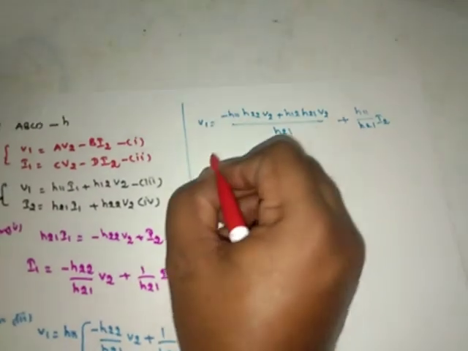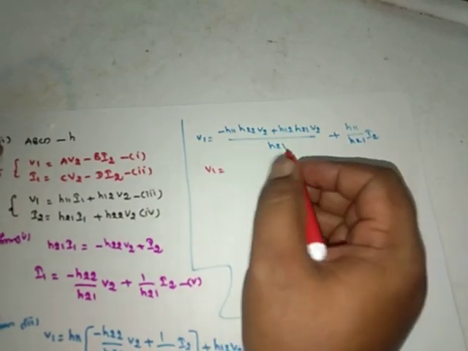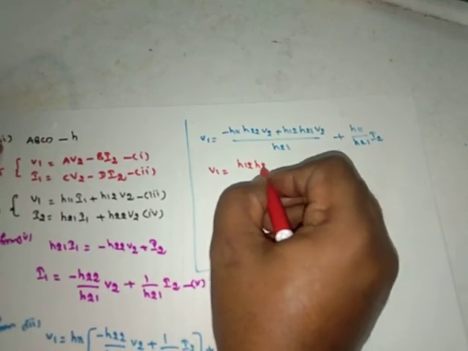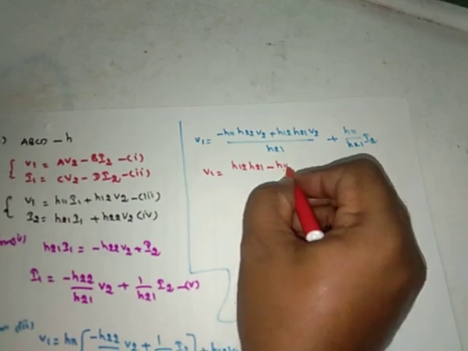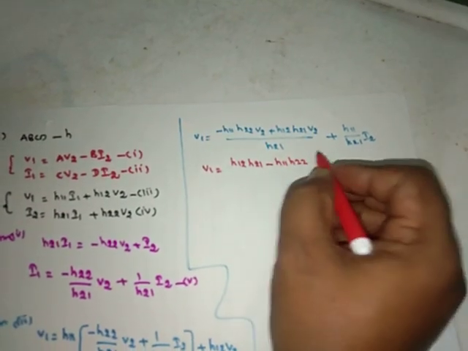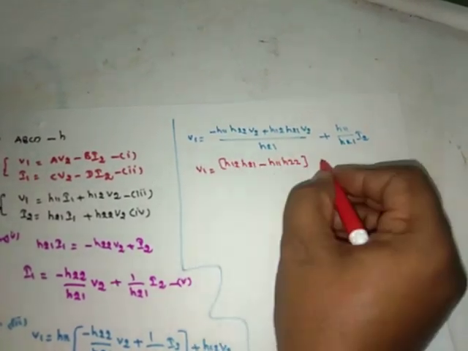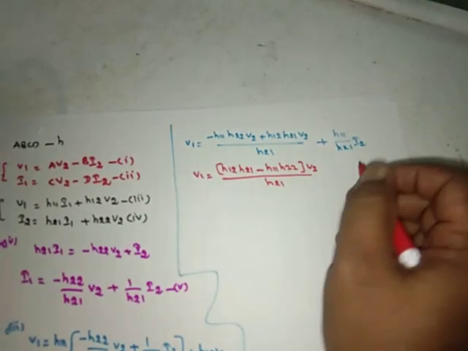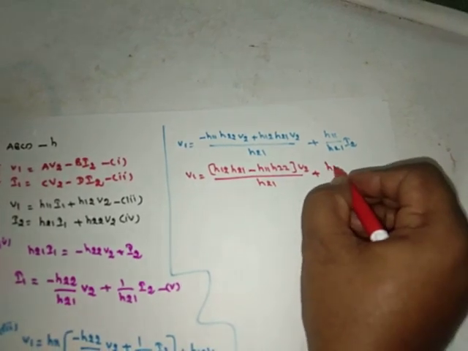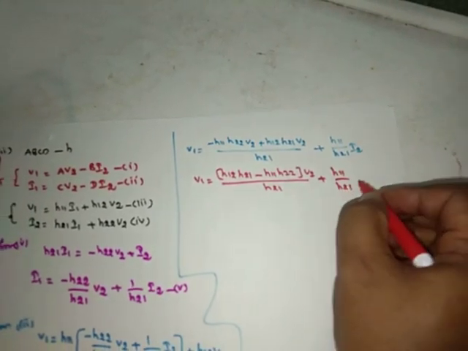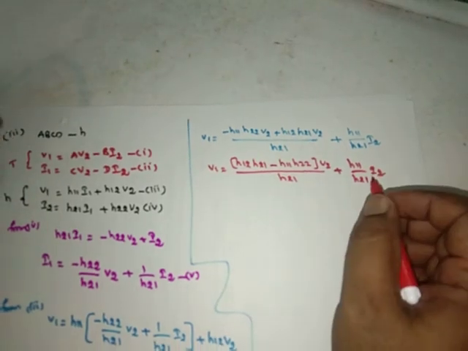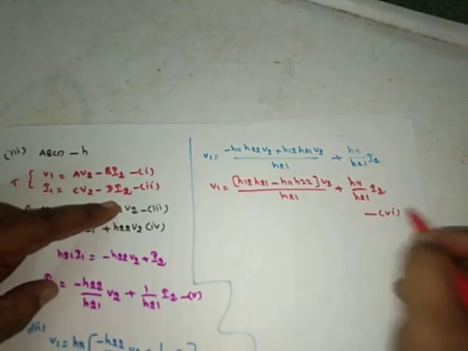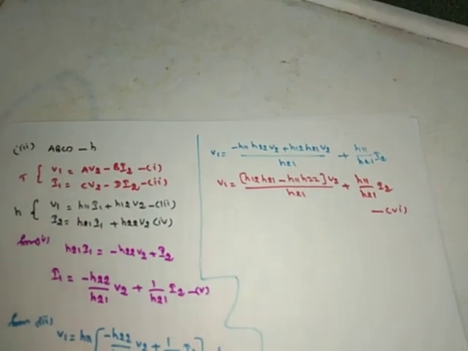Here v1 is equal to h12 h21 minus h11 h22 v2 divided by h21 plus h11 by h21 i2. Now v1 is function of v2 and i2. This is 6.